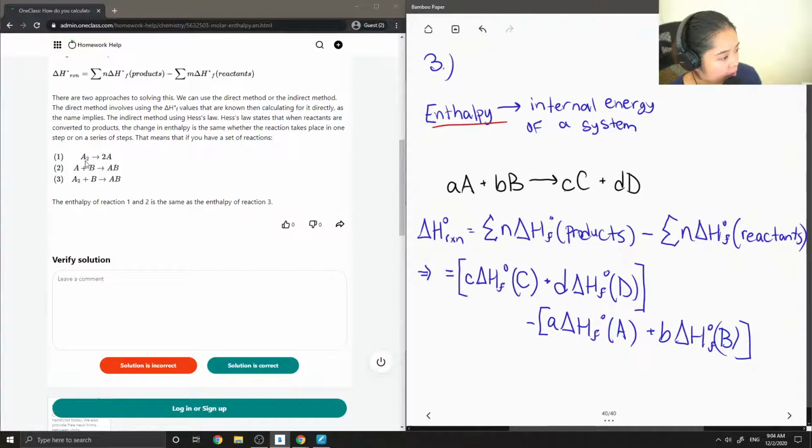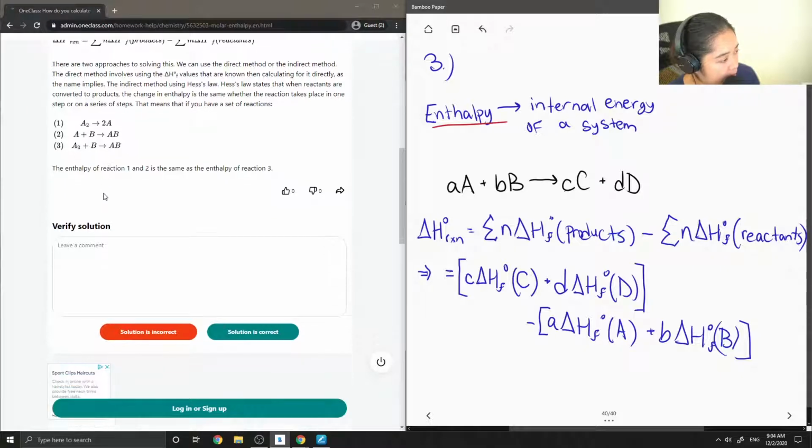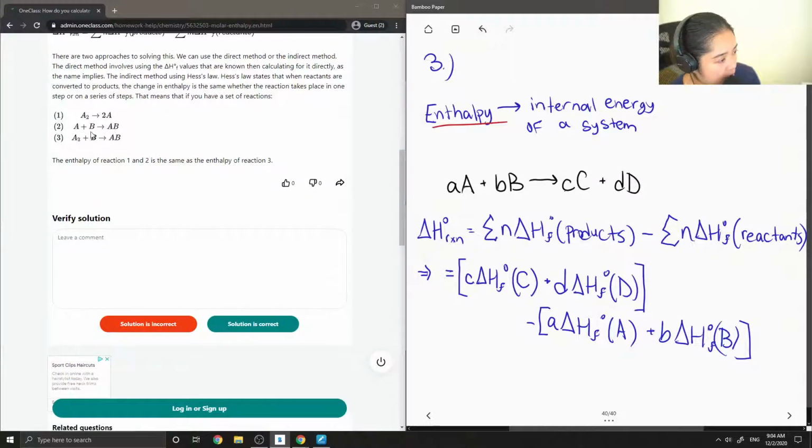So first is the bond dissociation of A2 to make 2A. The second step is A plus B to make AB. And then they have the final step. So step 2 is like an intermediate where A2 plus B makes AB.